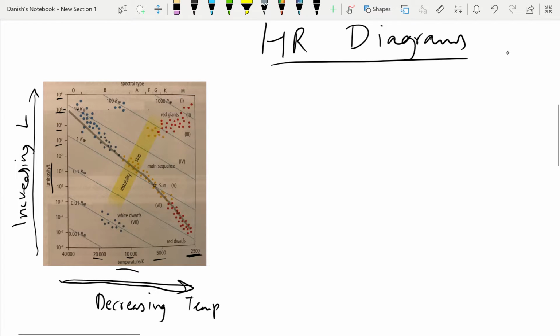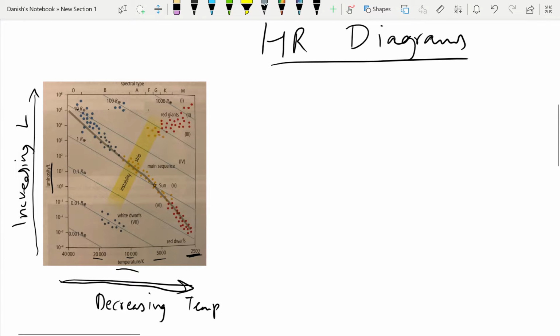On the other hand, if you look at, for example, red dwarfs, here, they're also cold, and their luminosity is also very low. Let's take one more example, white dwarfs, they're on the hotter side, but their luminosity is low.